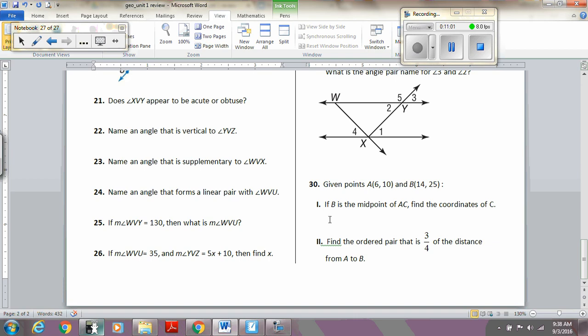Number 30, given points A at 6,10 and B at 14,25. If B is the midpoint of AC, find the coordinates of C. So for this one, we know that A and C are your endpoints, and B is the midpoint. So we're going to do the EME method.